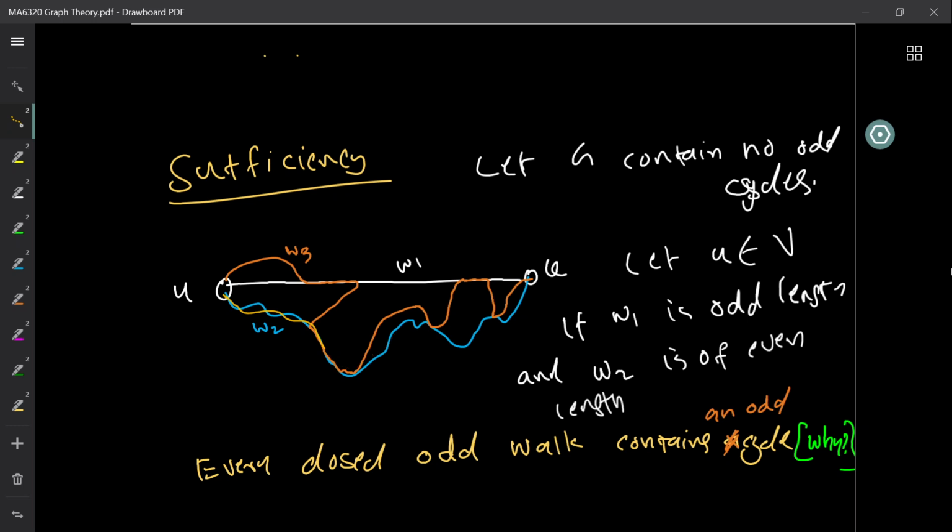So this is a walk, right? Because I know the concatenation of walks is also a walk, but this is a closed walk. But now the length of the walk is precisely the number of edges in W1 plus the number of edges in W2, which is an odd number plus an even number, which is an odd number.